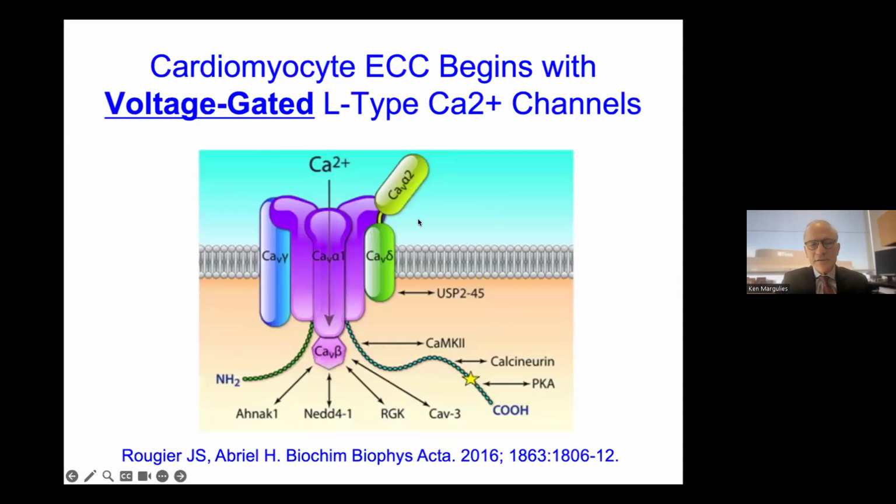Okay, so back to the L-type calcium channel. It's a voltage-gated channel. That's the most important thing to recognize. So that depolarization event from the action potential and the sodium current influx triggers opening of this ion channel. It has regulatory subunits. I'm not going to go into those today. It's, again, on the cell surface.